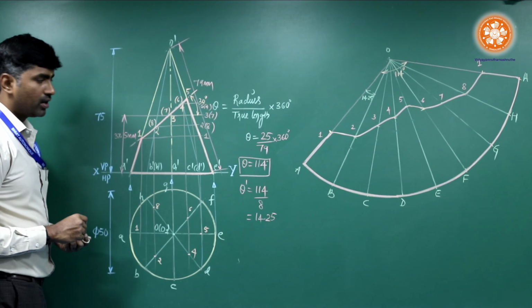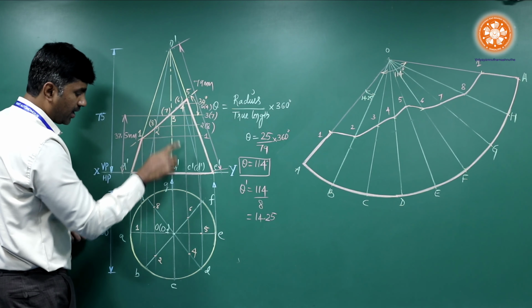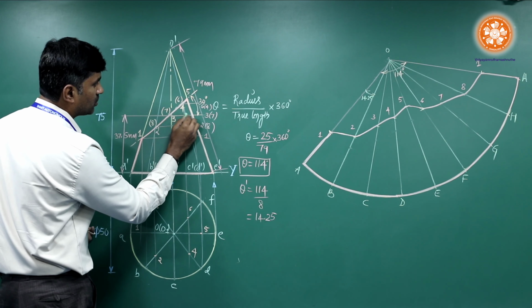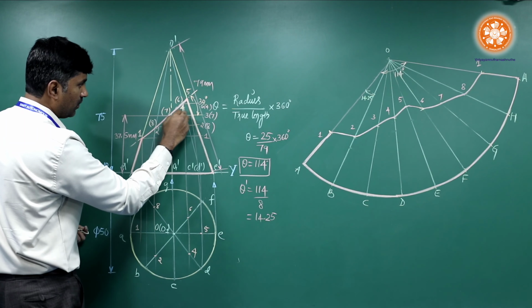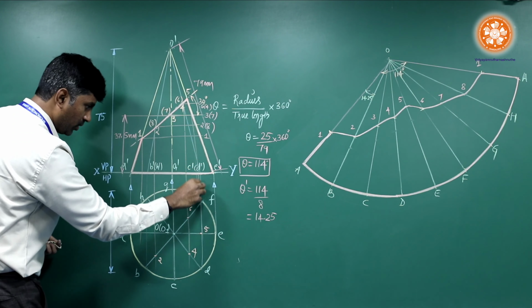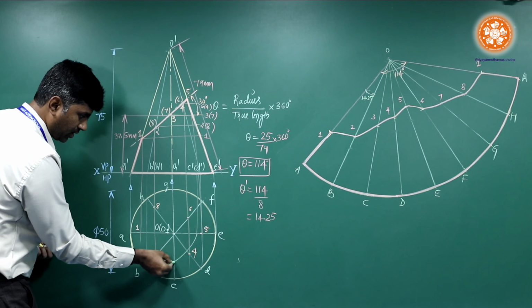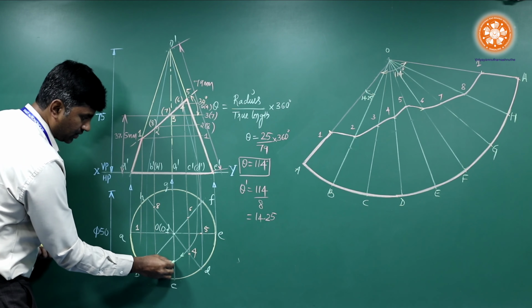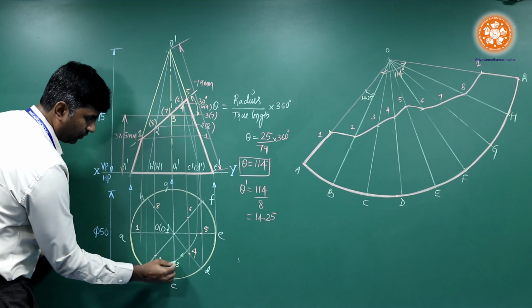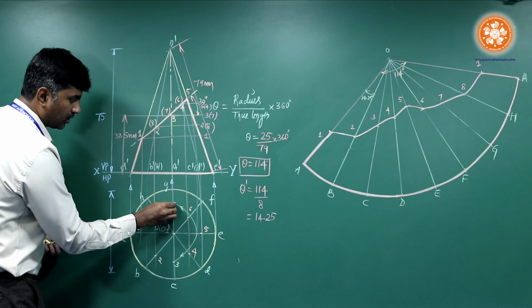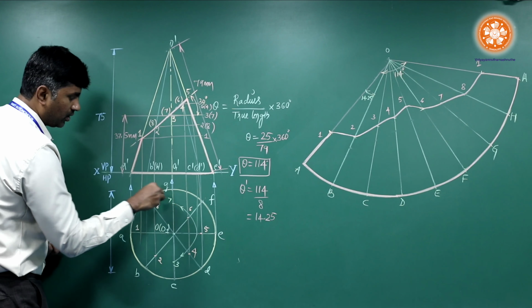The most important point is how to calculate this 3 and 7 somewhere on this. It's quite simple. Just project this to the true length. After projecting, slowly bring down to this horizontal line and cut an arc. You will get this particular point number 3, with the same length, or else if you go back to cut this point, you will get point number 7.